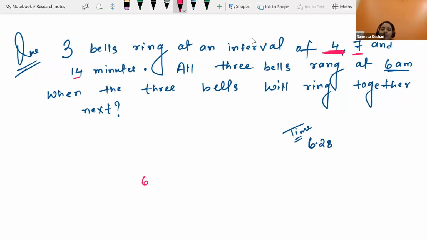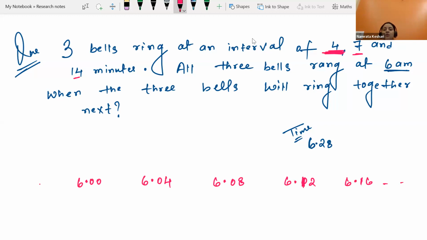The first one will ring at 6:04, then 6:08, then 6:12, then 6:16, like this.